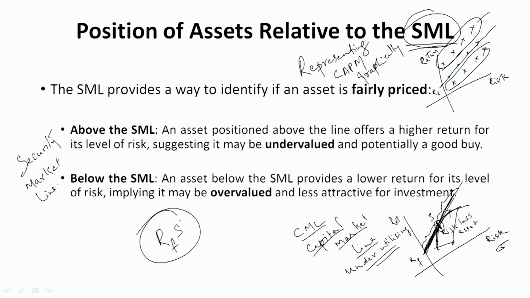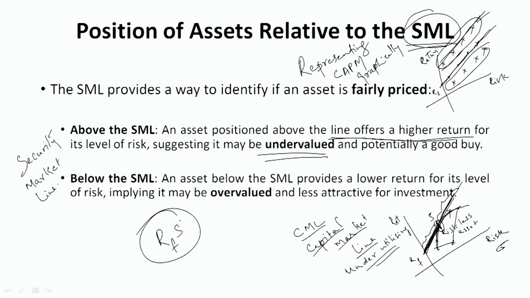So you can go through this, you will understand that if the asset positioned above the line offers higher return, then it means that it is undervalued. This is the normal return which I have expected, but this is the return which it is actually giving.